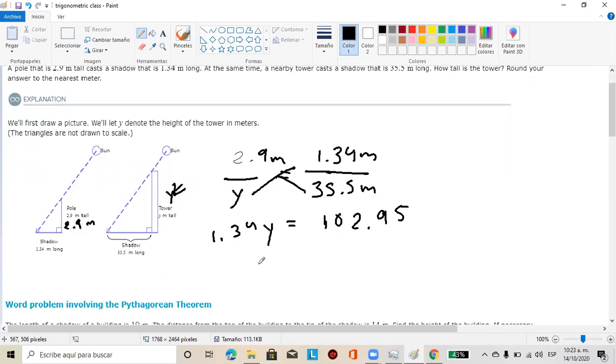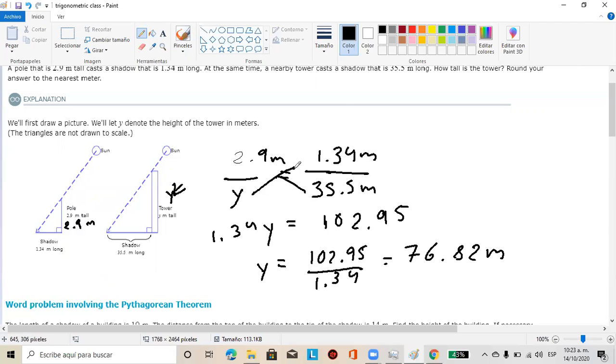We solve this equation and y is equal to 102.95 over 1.34. How much is it, guys? Well, this is 76.82 meters.